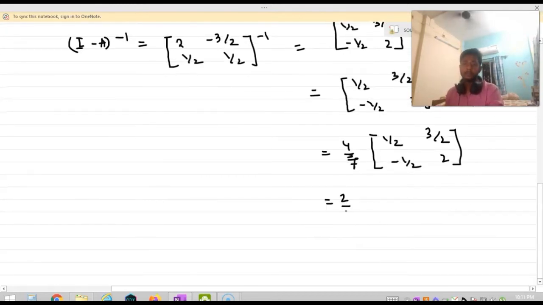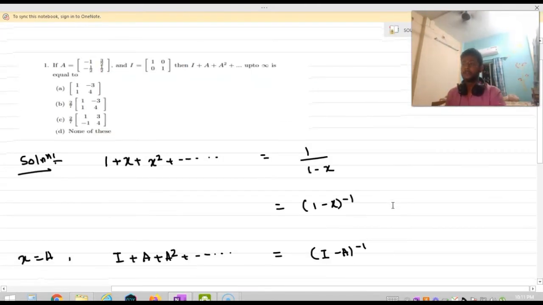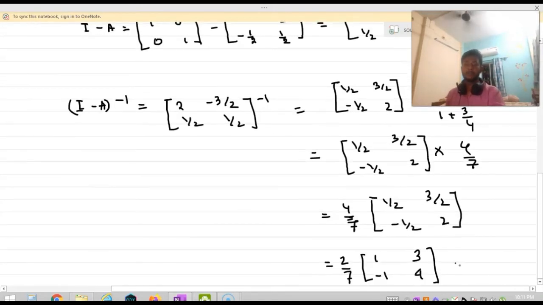We also can write this as 2 by 7 into the matrix 1, 3, minus 1 and 4. So this is our answer. Let us see the options. That is 2 by 7 into 1 3 minus 1 4, so option C is our correct option. That's all about question number 1.